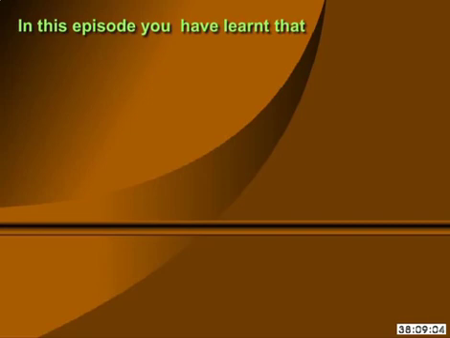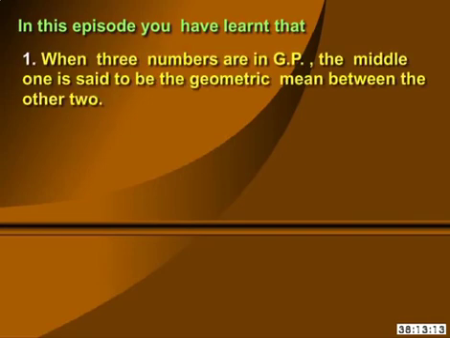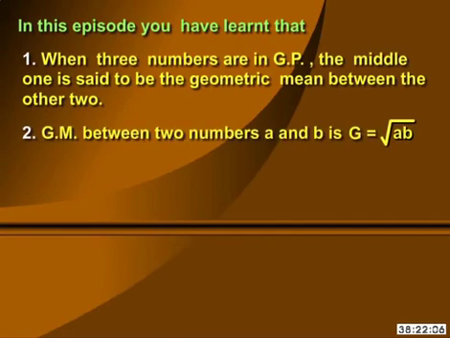In this episode, you have learned that when three numbers are in GP, the middle one is said to be the geometric mean between the other two. Geometric mean between two numbers a and b is g and is equal to square root of ab.